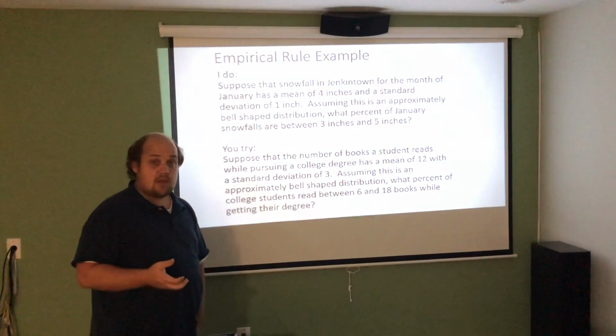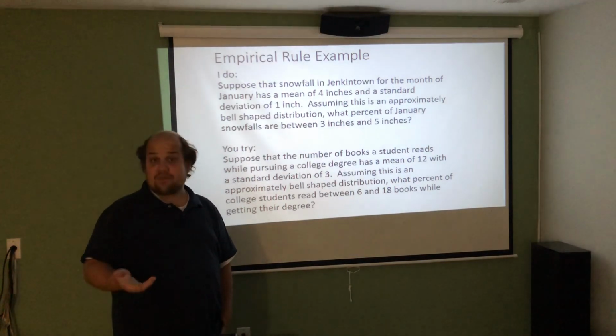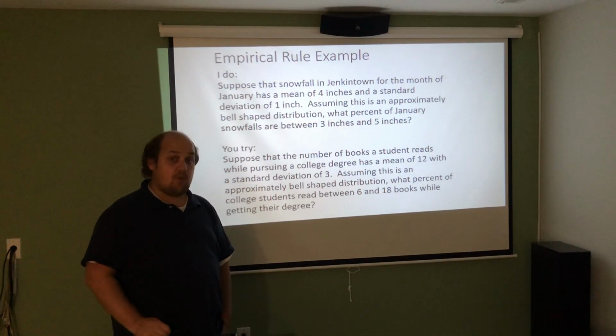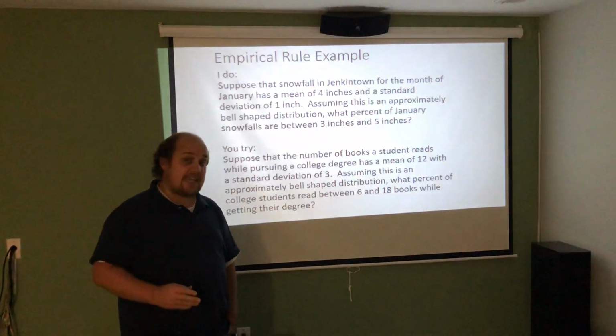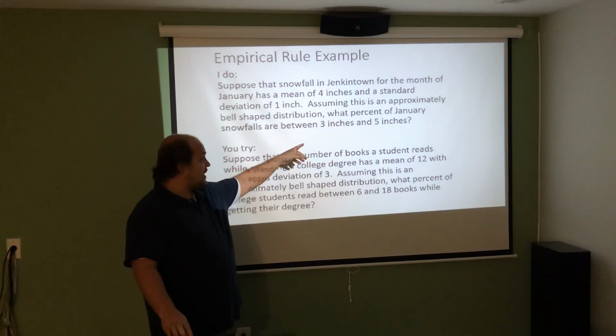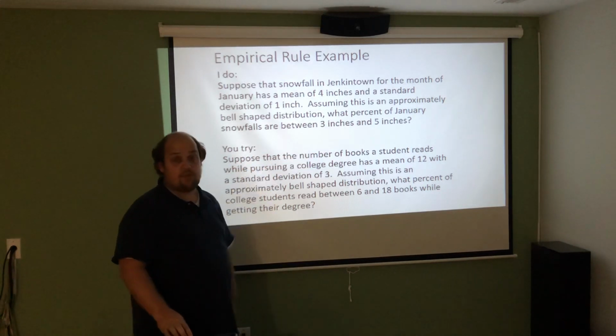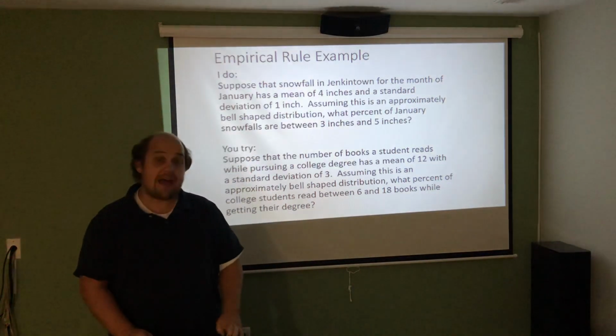What we really want to find out is how far, in terms of standard deviations, we moved from the mean to get to the between numbers. So we're going to take each of the between numbers and subtract the mean. Specifically, 3 minus 4 and 5 minus 4. 3 minus 4 is negative 1, 5 minus 4 is positive 1.